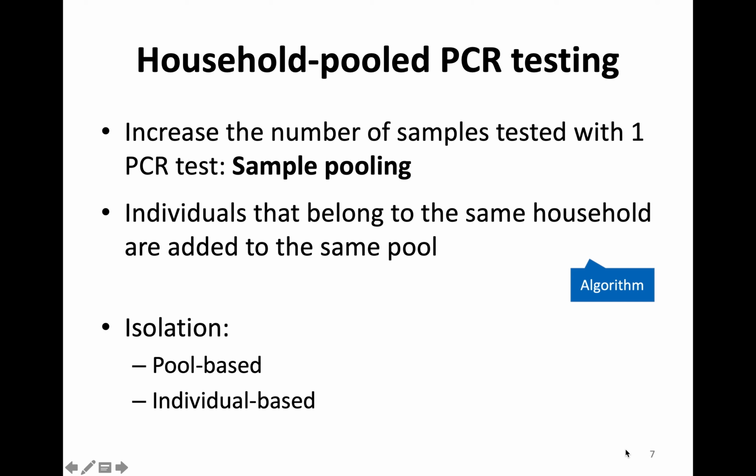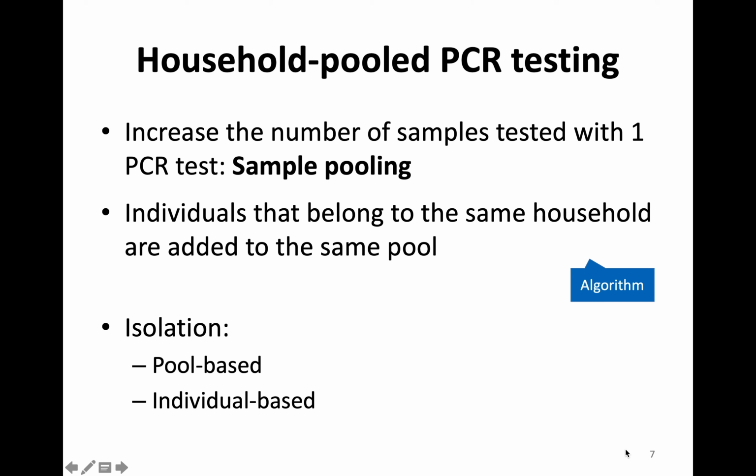Once we identified a positive pool, we will need to isolate the individuals. So there are two ways to do that. Of course, we can take the entire pool and isolate everybody that is in there. That is quite straightforward, yet this also implies that we will isolate individuals that are actually not infected, that are actually negative.